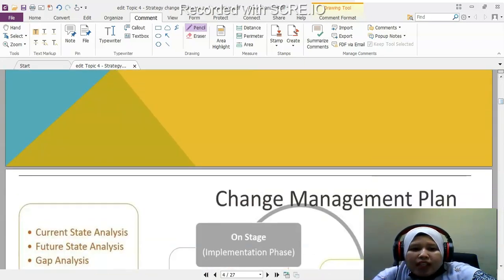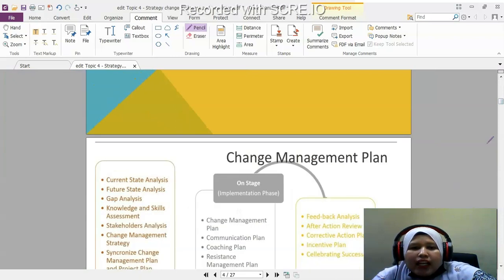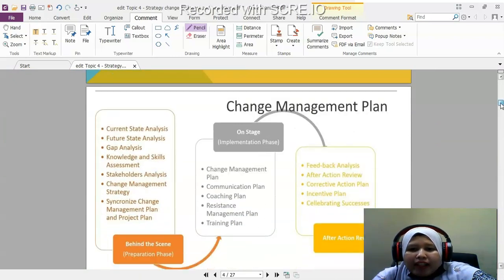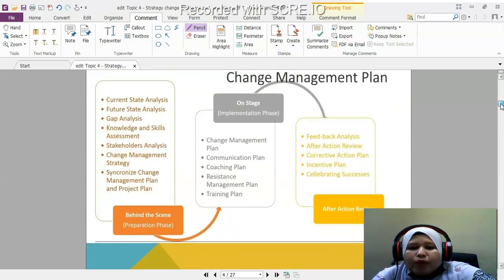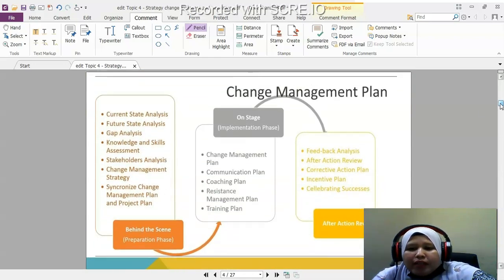Besides that, under the change management plan, what will the management do? Behind the scenes, in the preparation phase under the current state analysis, the company management will do the current state analysis, future state analysis, and gap analysis.